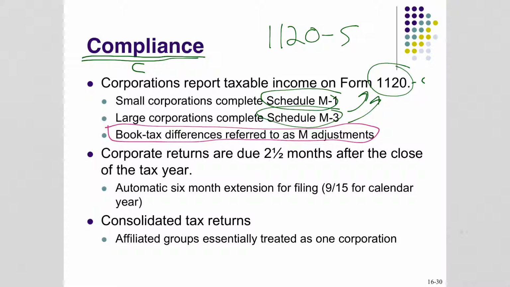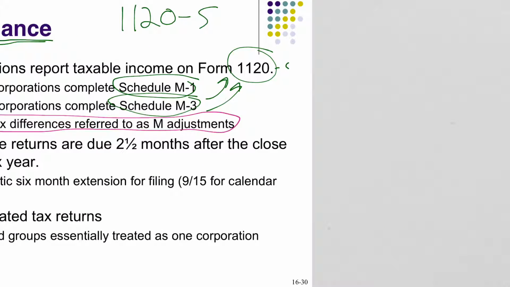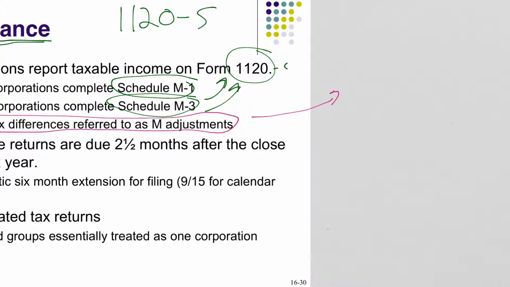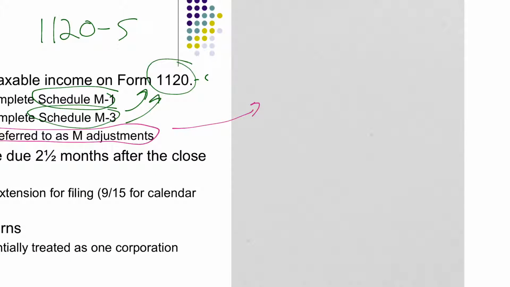And the reason for that, you usually love to have fun with this in class and ask what's the reason. So you might want to stop the recording and think of it yourself. But the reason for it turns out to be, if the IRS knows these book tax differences, they now have a little bit of an inside clue as to audit issues.